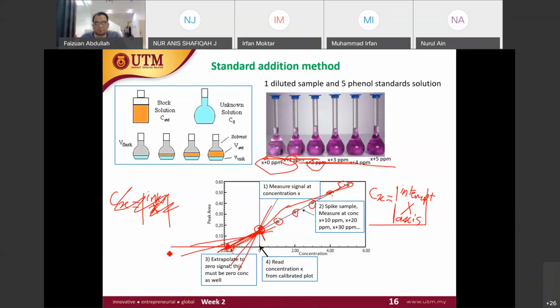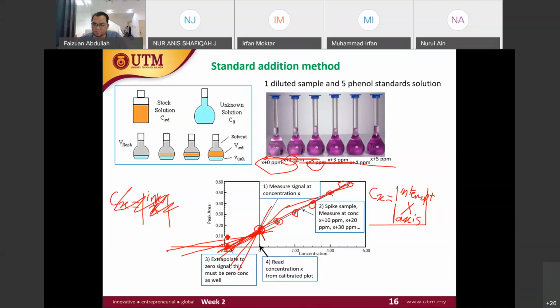That's why we need a series of standard addition concentrations, so that we know the direction of the intercept. Then we extrapolate, and we have an intercept at axis x, and that is the concentration. We just put in a positive value.